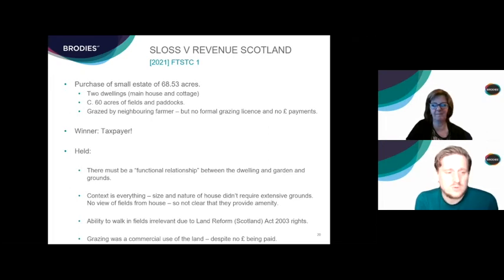And the tribunal here held that, even though there's no profit and no formal agreement, this land is grazed, and this grazing arrangement is commercial because it's mutually beneficial to both parties, and that's enough. And so in this case, they were successful in arguing that some of these fields, not all of them, were non-residential, and therefore the entire transaction was non-residential.